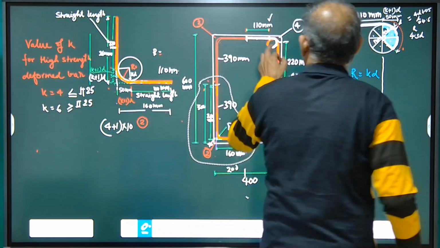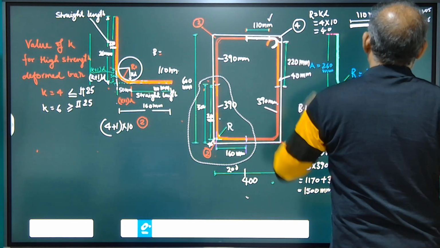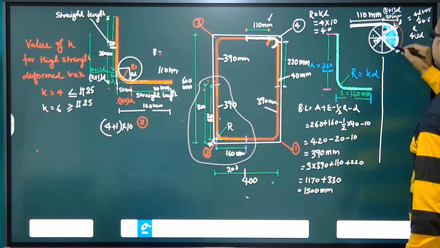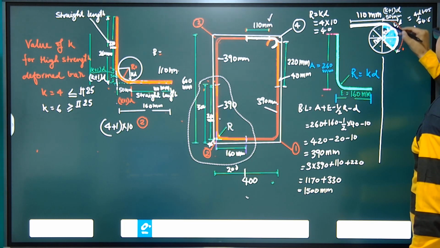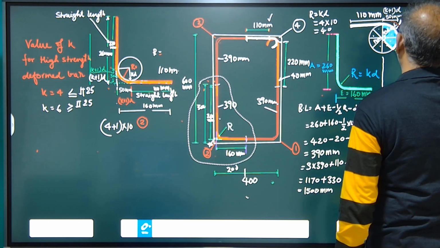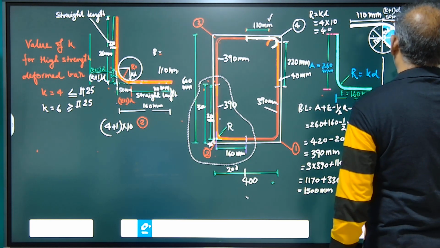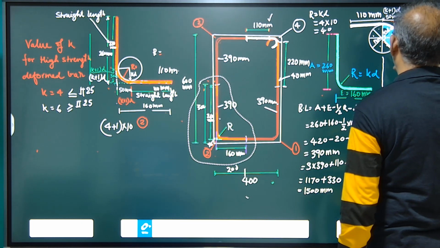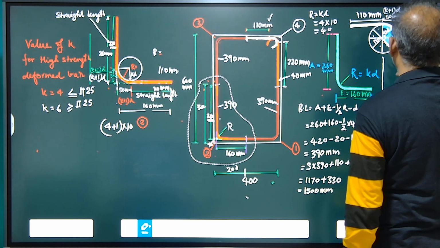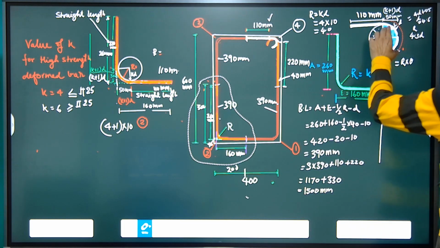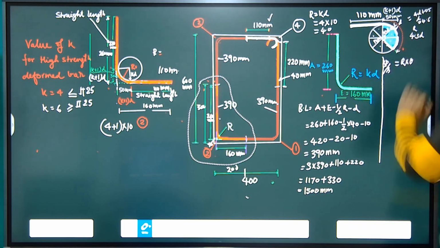Now let us find out the curve portion of this hook. This is a 135-degree hook, and this is the straight portion. For this 135-degree hook, we can find the perimeter by r into theta, the perimeter of this 135-degree bend.